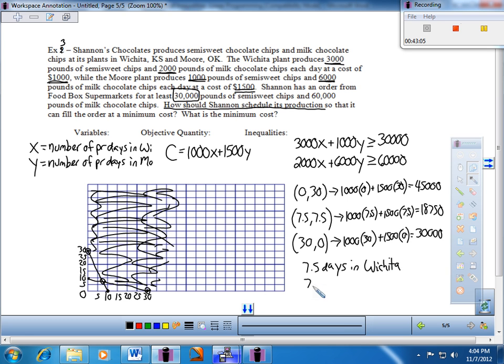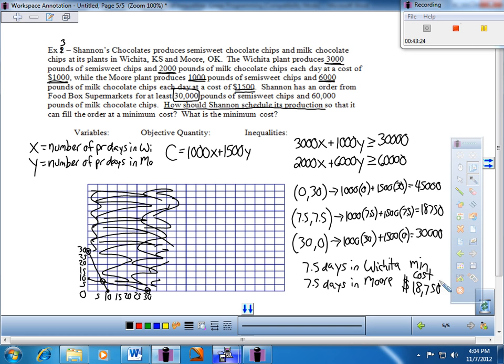And 7.5 days in Moore. And what would be the minimum cost there? Of course, the minimum, just kind of running out of room, but I think I can get this in. $18,750. There it is. And there we go. That's our combination that minimizes the quantity.